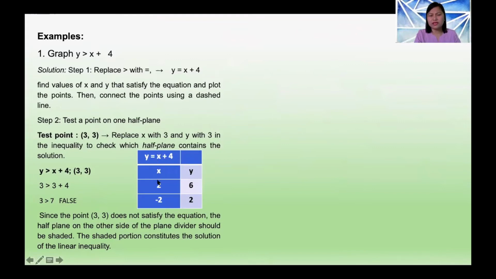Let's say when x is 2, y is 6. When x is negative 2, negative 2 plus 4 is 2. So we will plot these 2 points, then connect the points using a dashed line.